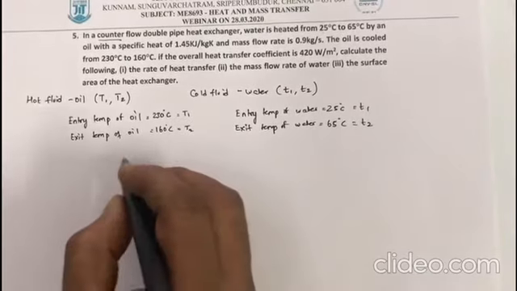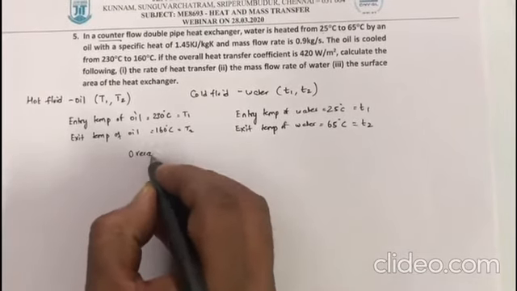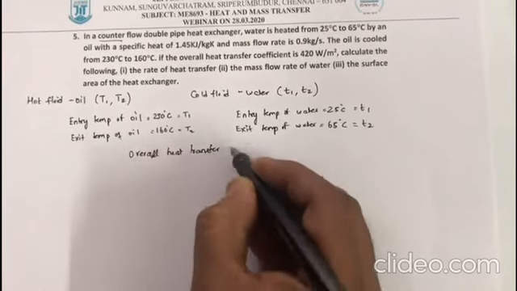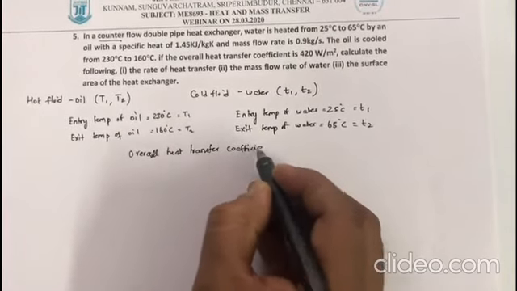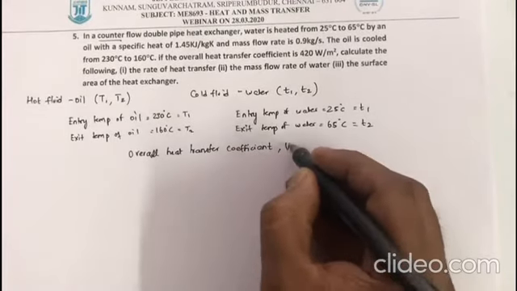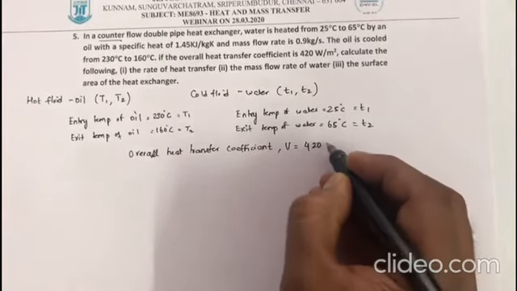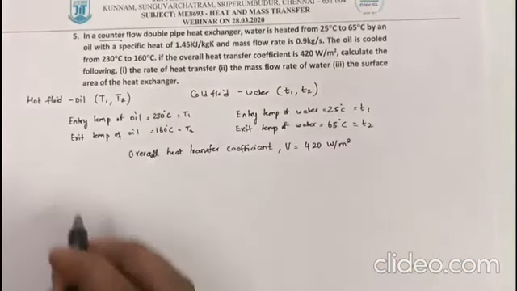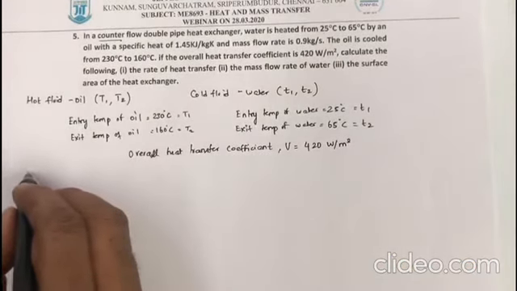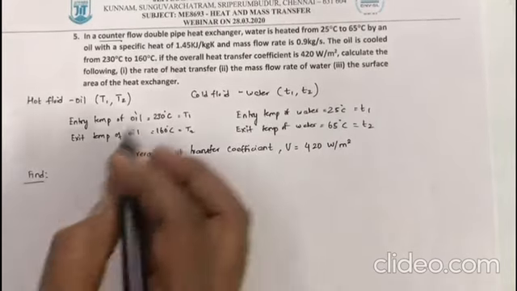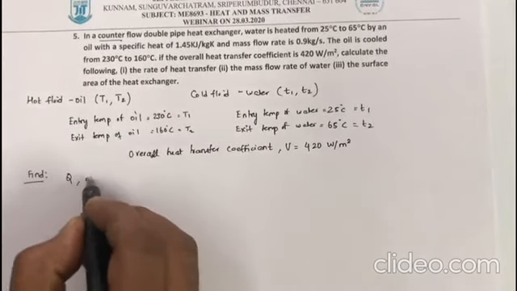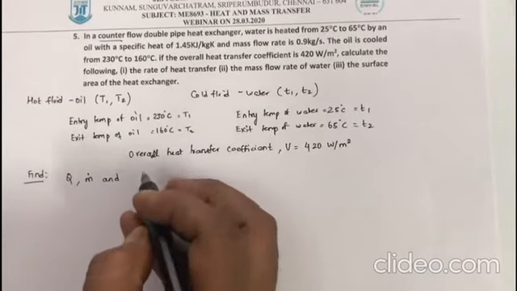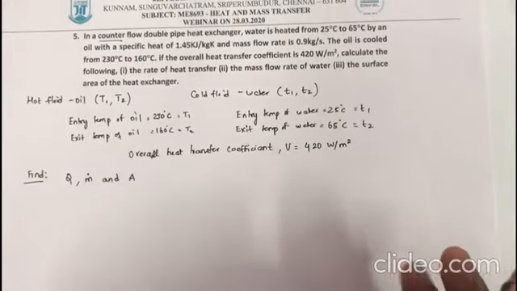And the overall heat transfer coefficient is given as U is equal to 420 watt per meter square. So now we have to find the rate of heat transfer, which is Q, the mass flow rate, which is m dot, and the surface area of the heat exchanger, area A.